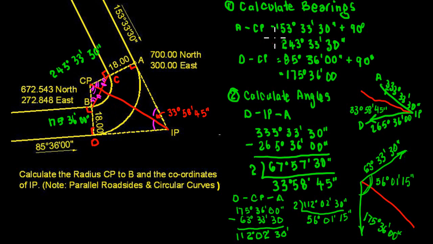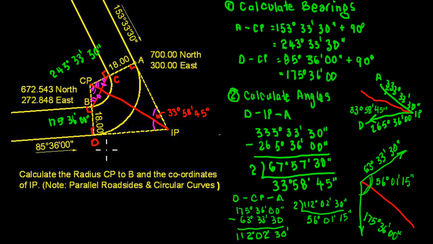Here I have done the first bearing, 153, 53, 30 plus 90 gives us our 243, 33, 30 for the bearing of A to CP. And I've also added in a few more letters to help with some bits and pieces, like for instance C and D here.